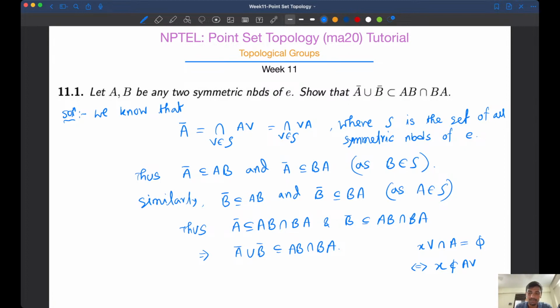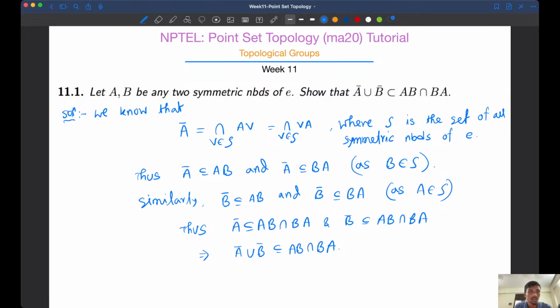Once that does not belong to AV, that means xV intersection A is empty, so x does not belong to A closure also. So you just have to use this one to see both of these. Okay, so this is done.